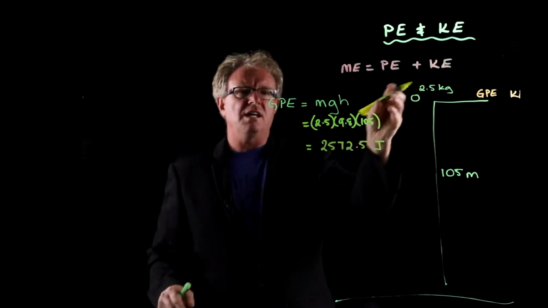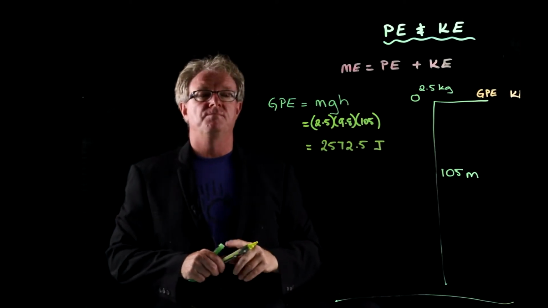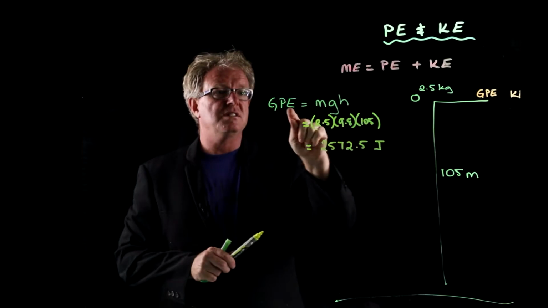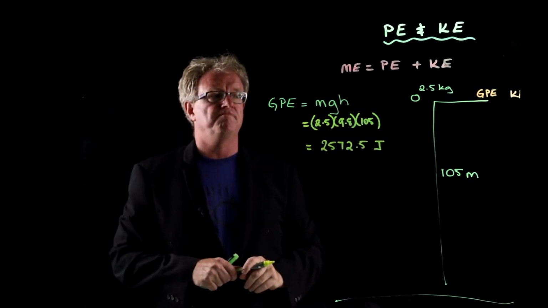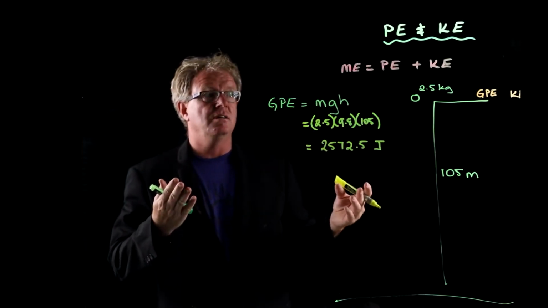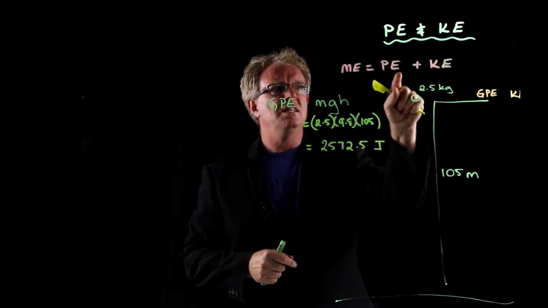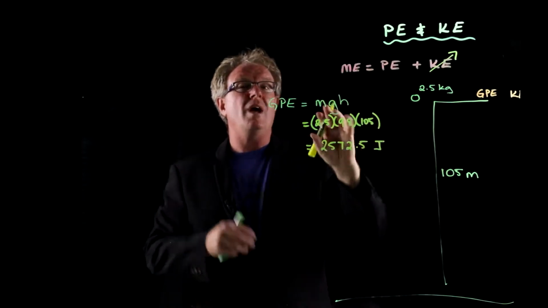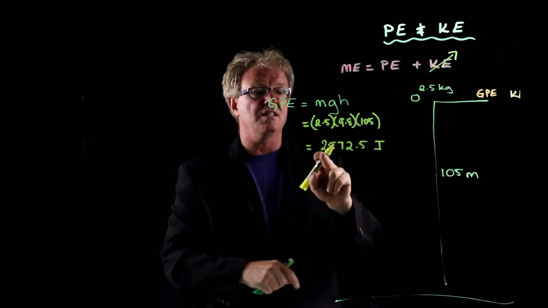Now, if I'm holding that still, it's not moving. So all the energy we have right at the top here is expressed in this gravitational potential energy. There is no kinetic energy. So if all of my energy is here and I've got none here, that's zero. So it means the total energy I have of this whole thing is that.